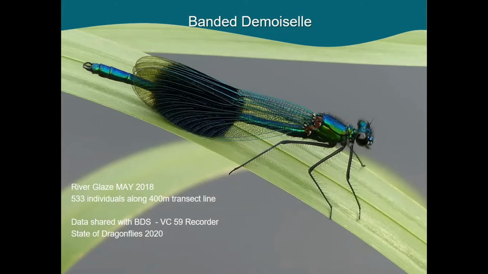So I think we can count these as being half in Warrington and half in Salford, because they were probably flying backwards and forwards across the brook. All the data from the dragonfly surveys is shared with the British Dragonfly Society. In this case, it's gone to the South Lancashire recorder.